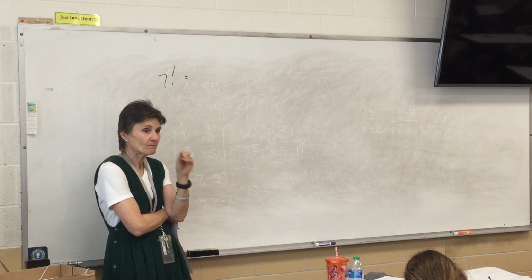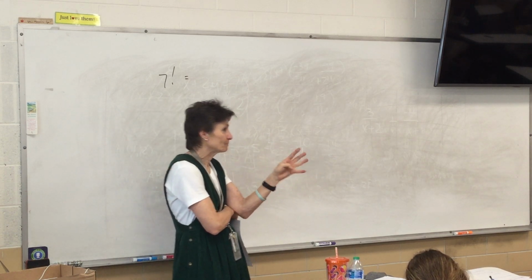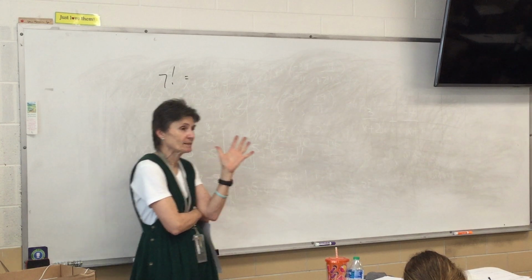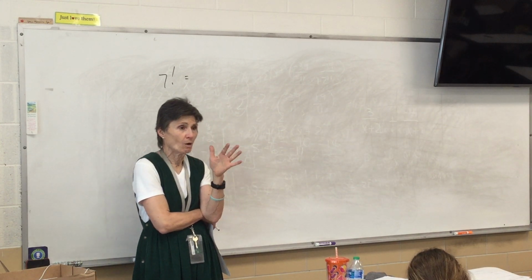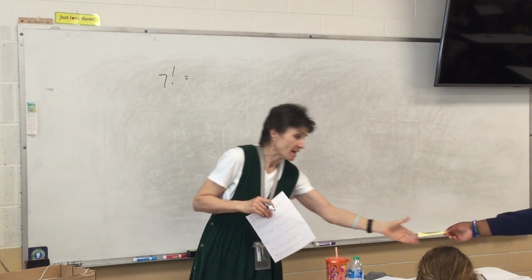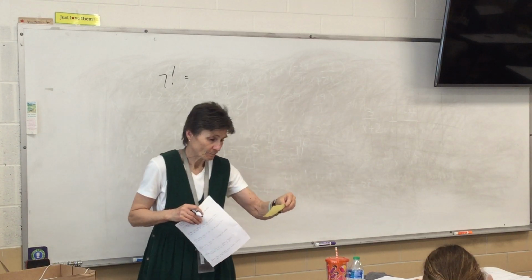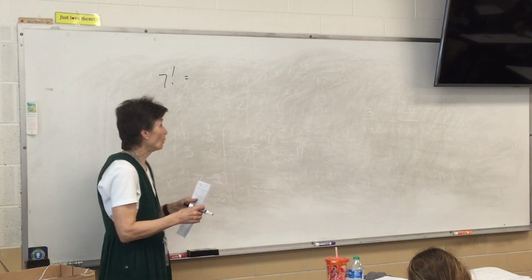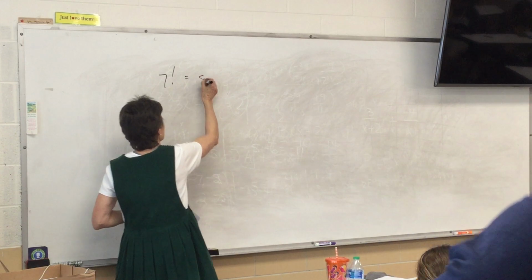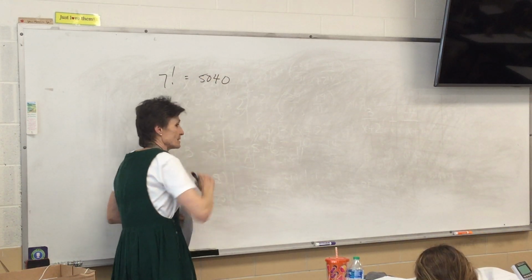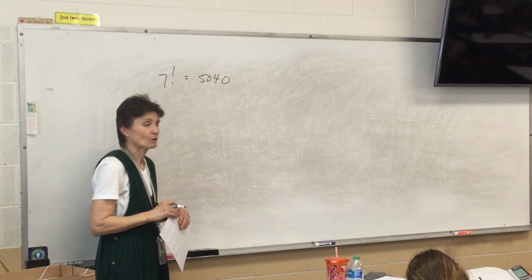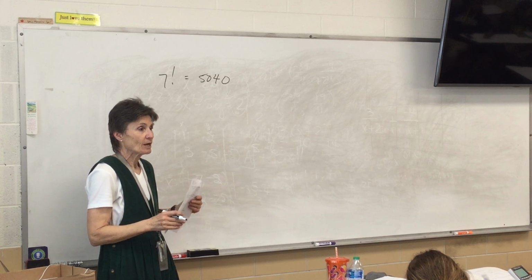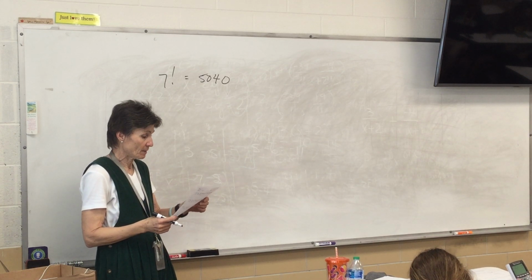I don't care if they're books, people, sheep, basketballs, I don't care what they are. 7 of them in a row is going to be 7 factorial. Okay? Which is, type it in, 5040? Some of these I have memorized. You don't need to memorize them, you're going to have a calculator. You just have to know how to type it in.